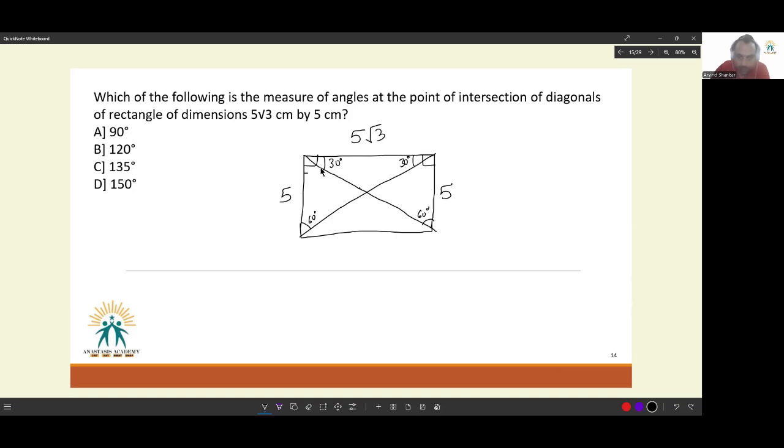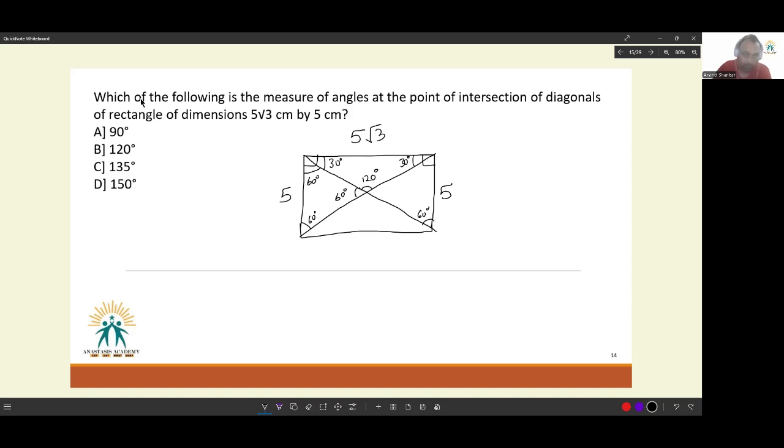This is 30 degrees. This will also be 60 degrees. So if you look at the triangle in which the pointy end is sort of horizontal, this angle here is 60 degrees. Or if you look at the triangle in which the pointing end is pointing towards the bottom, this is 30, this 30. This angle here will be 120 degrees.